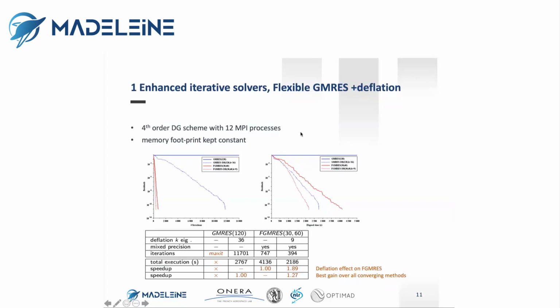By exploiting the flexibility and the deflation techniques, at the first point, we can see that the robustness of the linear solver can be enhanced. As you can see in this chart, where we see the convergence of the linear solver on the left-hand side versus iterations, and on the right-hand side versus elapsed time, a classical solver, in this case, for example, GMRES, does not converge at all.